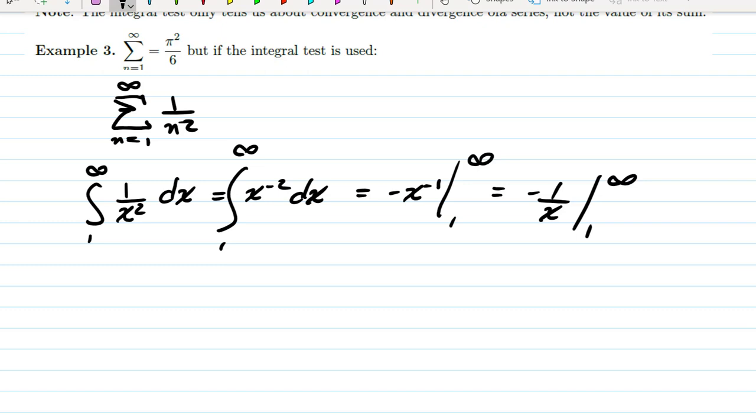So negative 1 divided by infinity gives us 0, minus makes it plus, 1 over 1 is 1, gives us 1. So the integral test converges to 1, but that is not the sum of the series at all.